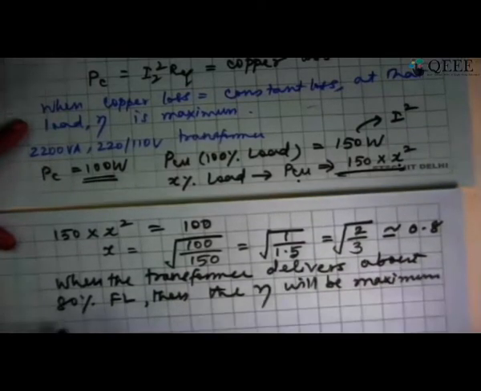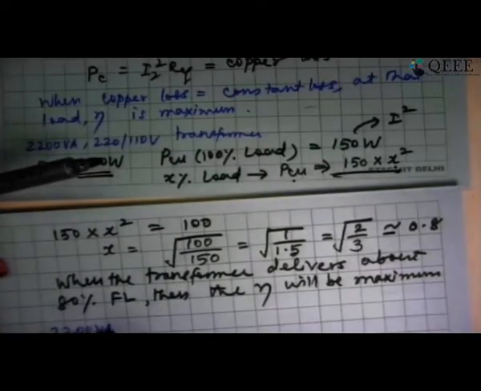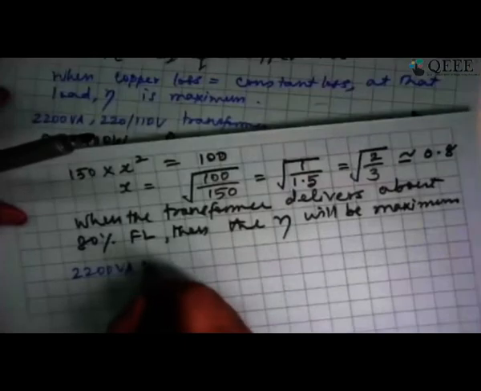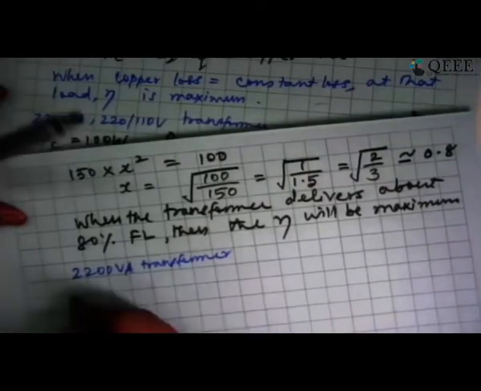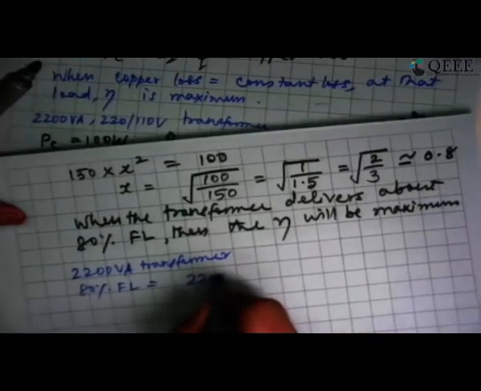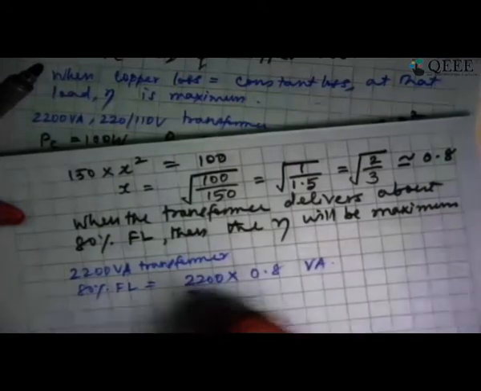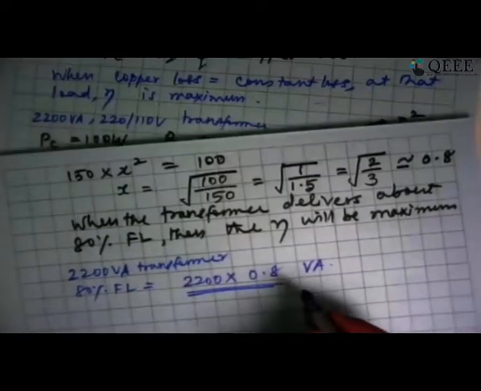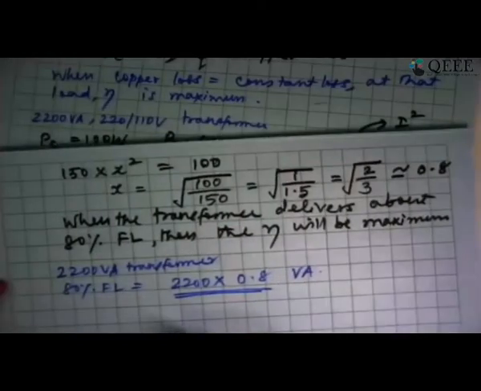This is a 2200 VA transformer, so 2200 VA is the full load. So 80% of full load is 2200 multiplied by 0.8 VA. This is the load at which roughly the efficiency will be maximum. So this is the condition for maximum efficiency.